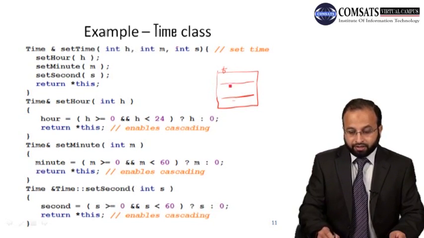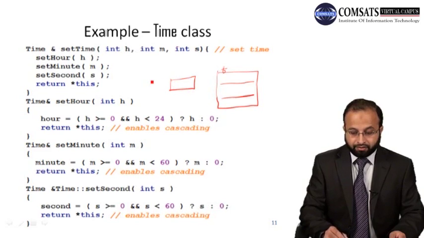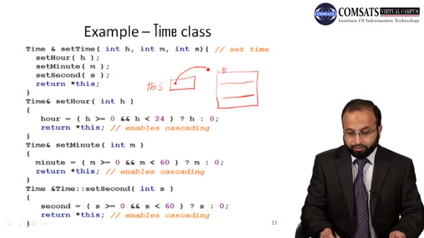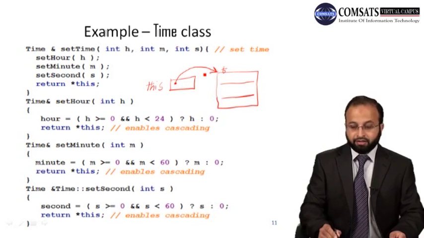Now whenever this object is created, another 4 bytes of memory is allocated, and this memory is basically for the this pointer, right? This memory location contains the address of this memory location. So this means that this memory points to this memory location, right?